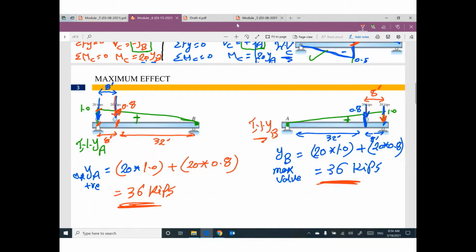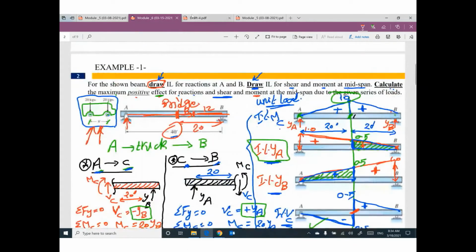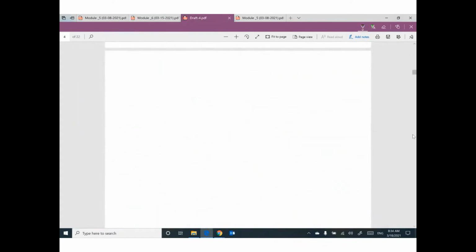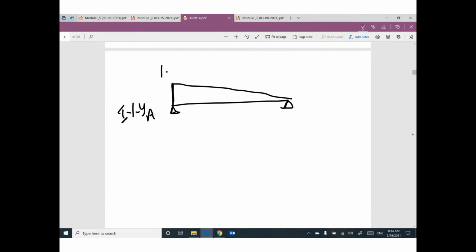To give you a conclusion, if you have influence line for reaction YA, for example, and I give you dead load, we don't have a choice because the dead load must cover the whole beam.